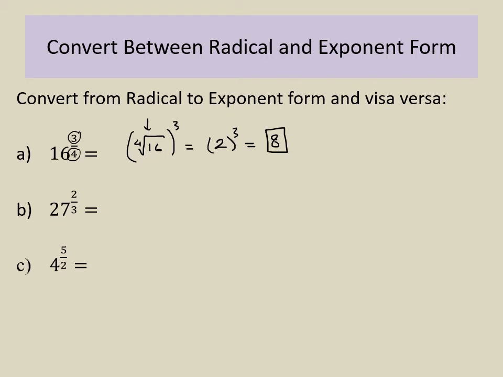If you had gone the other way around, then you would have had the fourth root of 16 cubed. Now, you would have had to do that on your calculator, because 16 cubed is going to be a big number. 16 to the power of 3, that's 4,096.